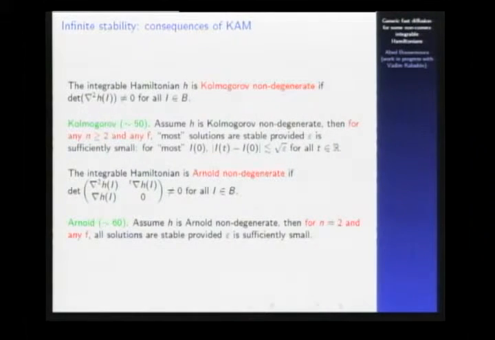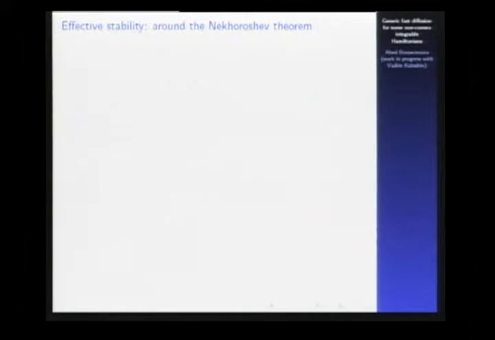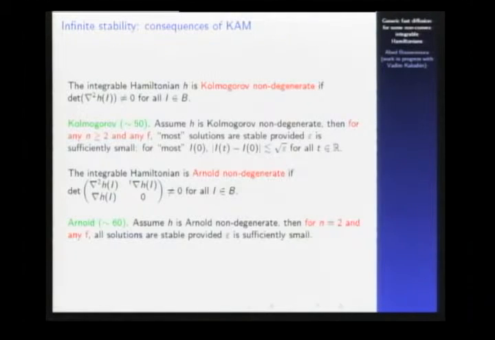So these are a first type of restriction on instability, because a lot of solutions, and sometimes all of them, are stable, depending on conditions on the integrable part, okay? And these are independent of each other. This does not imply this, and this does not imply this either. Now a second restriction comes from the fact that maybe you don't have this for all time, but you can have this for a very long time.